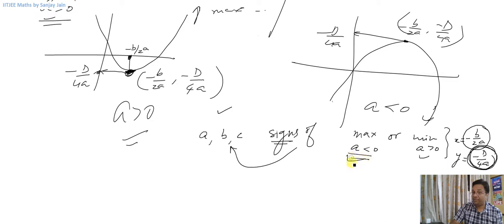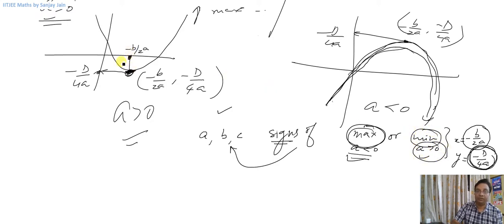But when a is less than 0, we saw that the graph has to be opening downwards because it will have a maximum value, and it can have a maximum value only when the graph is opening downwards. And in case of a greater than 0, it has to have a minimum value, so the graph has to open upwards.